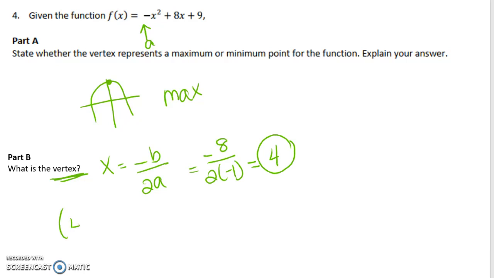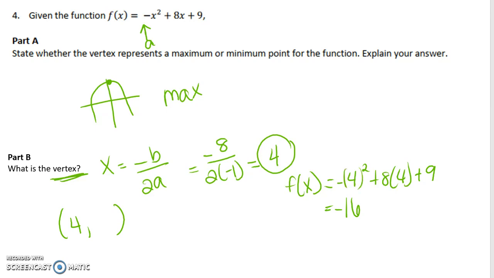To find the y, we plug back into the original equation. We have 4 squared, which is 16, times negative 1, plus 8 times 4, which is 32, plus 9.